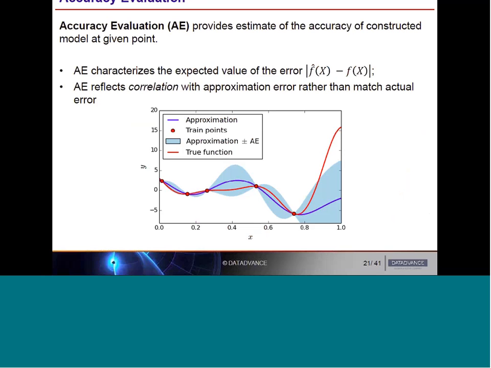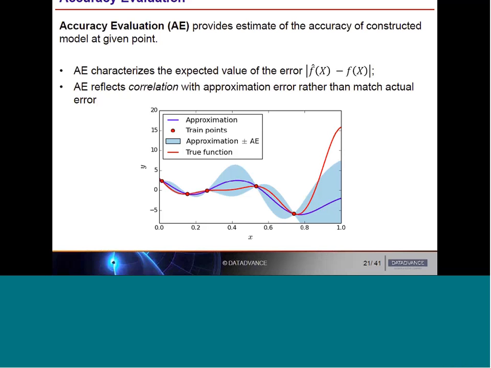Another way to evaluate uncertainty in your surrogate model is to use the accuracy evaluation functionality. Accuracy evaluation provides an estimate of the accuracy of the constructed model at the given point.